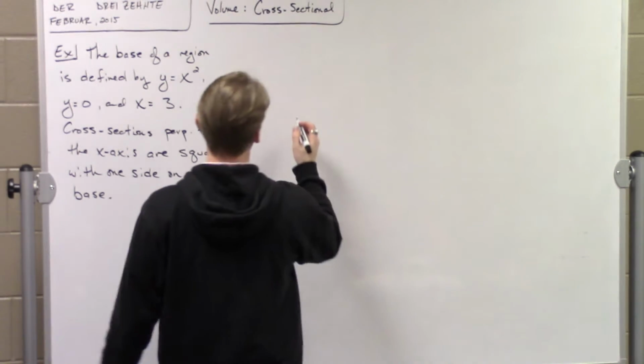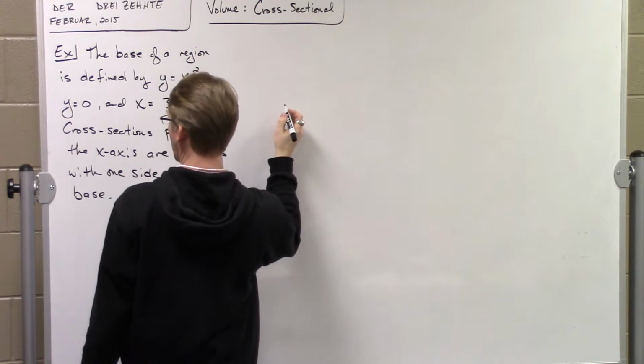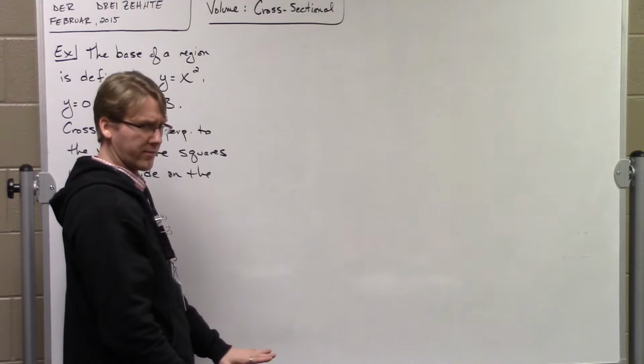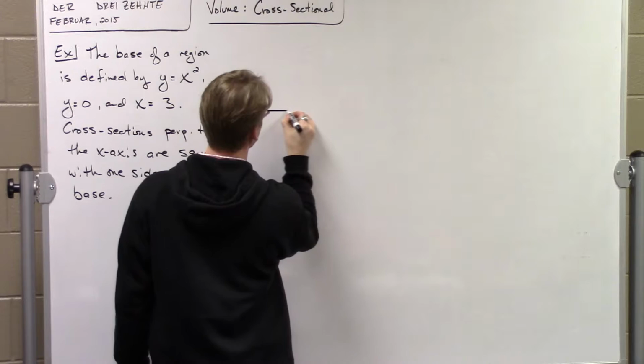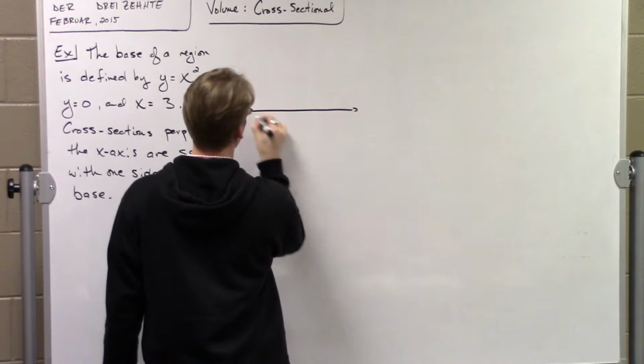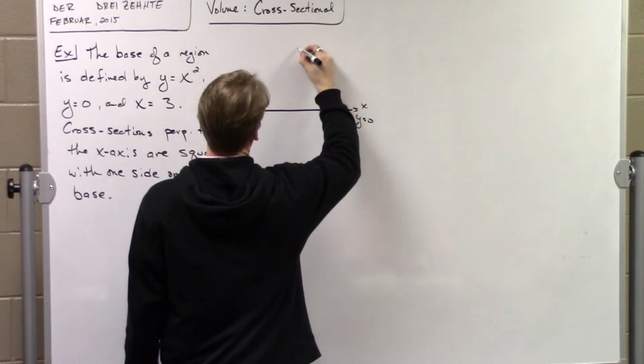Now, this is going to mess with your heads just a little bit, but I'm going to lay our axes down to give it the illusion that it's sitting on the floor. So let's see here, x-axis. Y-axis.